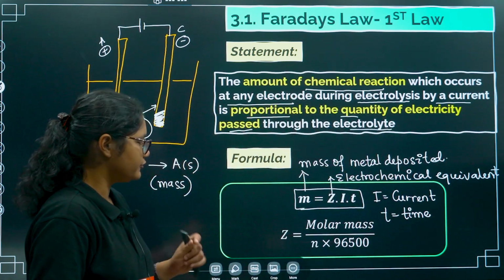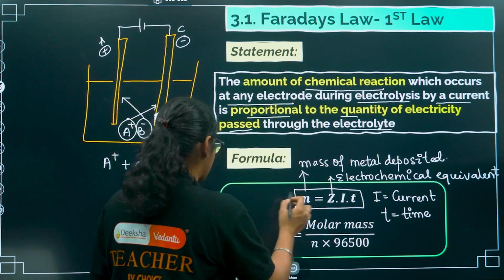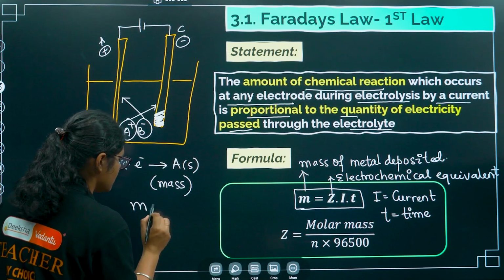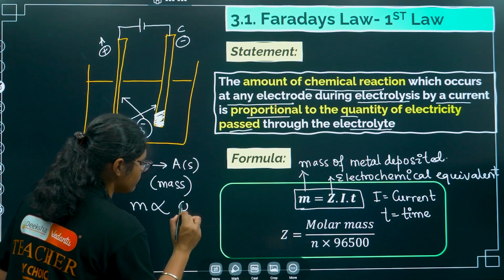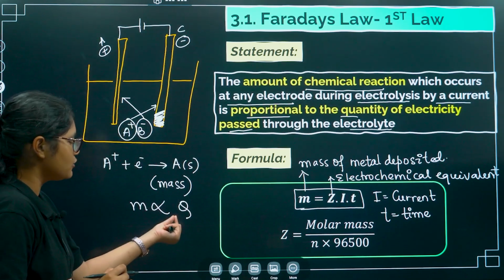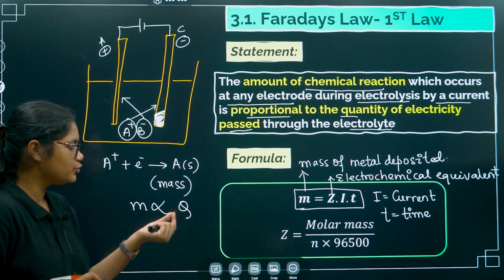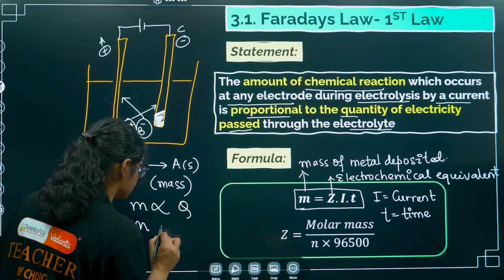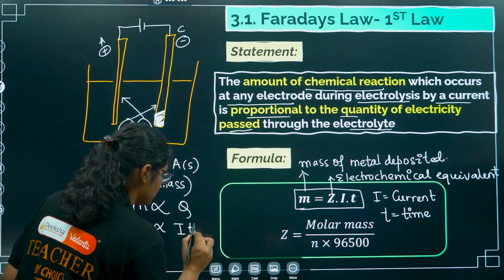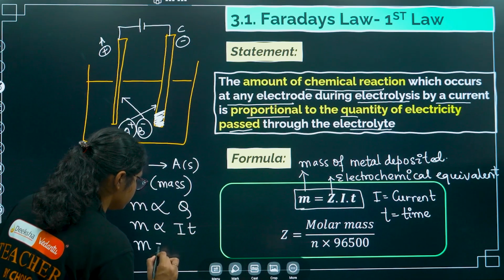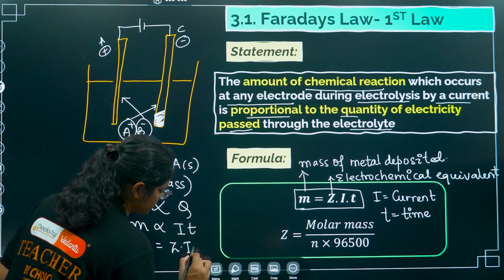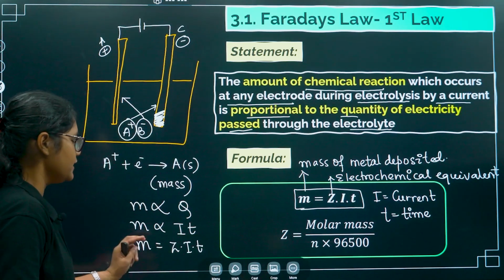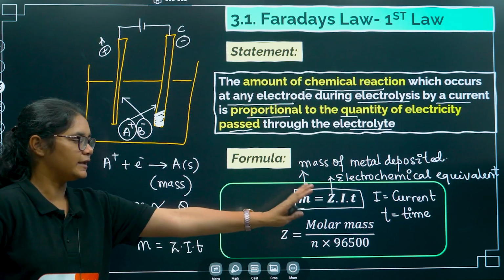Now you see what it is saying: M is proportional to the amount of current or electricity passed. Q we can write as I into T, so M is proportional to I into T. To remove this proportionality we multiply with a constant, the electrochemical equivalent, and we get M is equal to ZIT.